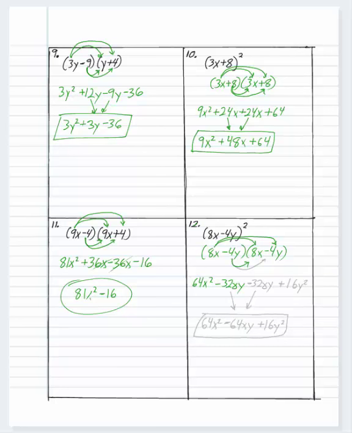Negative 4y times 8x is negative 32xy again. And negative 4y times negative 4y is positive 16y squared. The middle terms can combine to become negative 64xy. And everything else comes down.